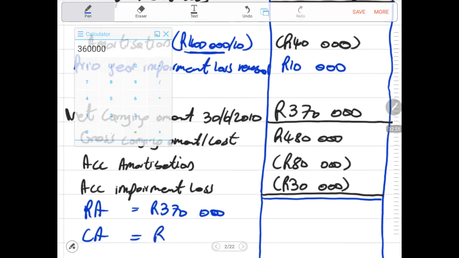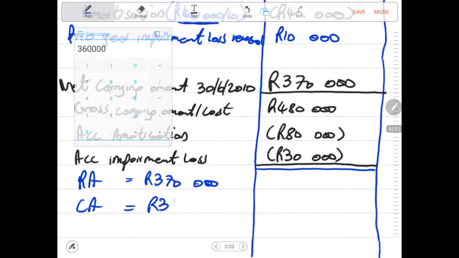Now our carrying amount becomes 360,000 rands, which is exactly the same number. We can say that our carrying amount is less than the recoverable amount. And if that is the case, we will get to an amount of 10,000 rands, which is the reversal of the impairment.